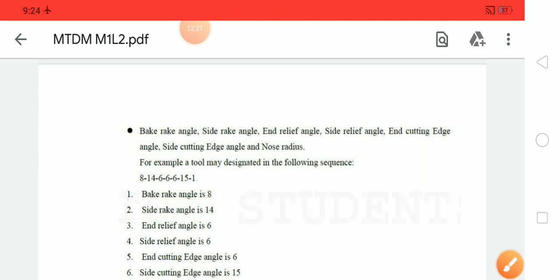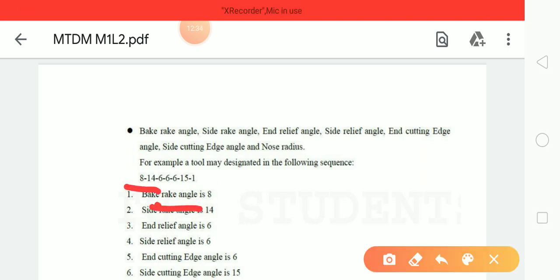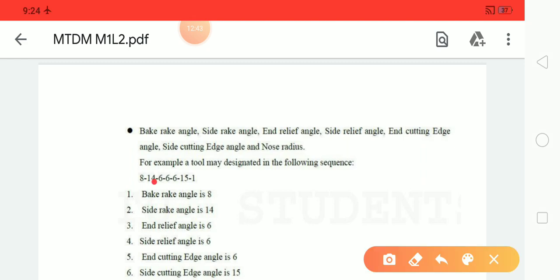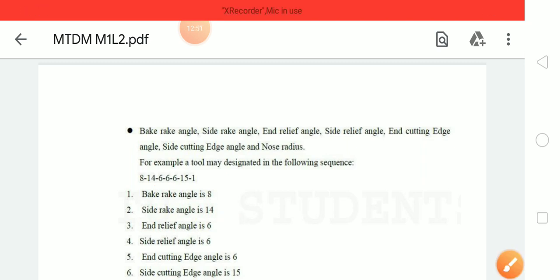So he knows the first one, this 8, is the back rake angle. So he has to provide a tool with a back rake angle of 8 degrees. And the second one, 14, is the side rake angle. So he also knows that the side rake angle should be 14. Similarly, there are 3 sixes.